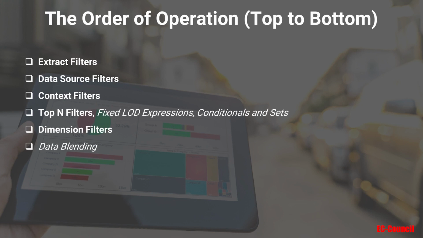After this, further down the line, we have the context filters. Context filters are applied in the view by upgrading a quick filter into a context one. Thus, the context filters are certainly an upgraded version of the quick filters as far as the order of operations is concerned in Tableau.